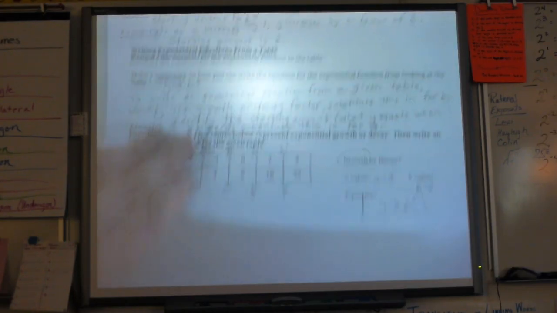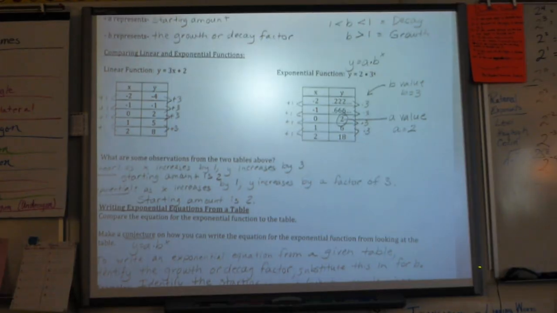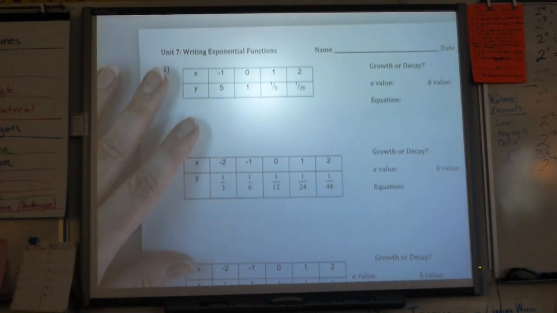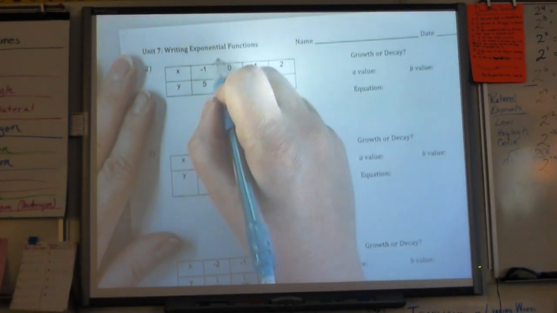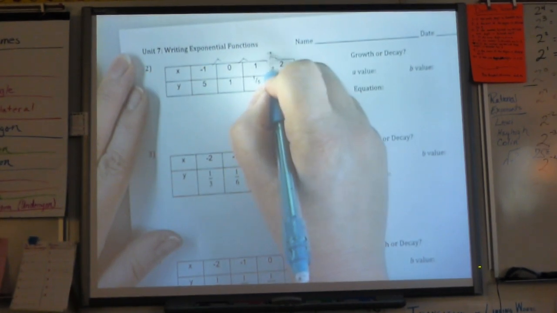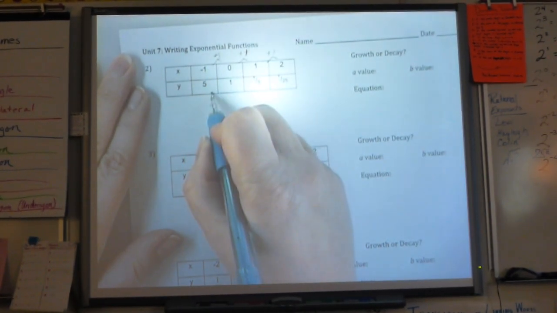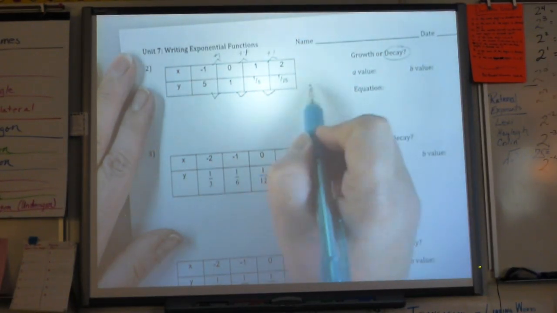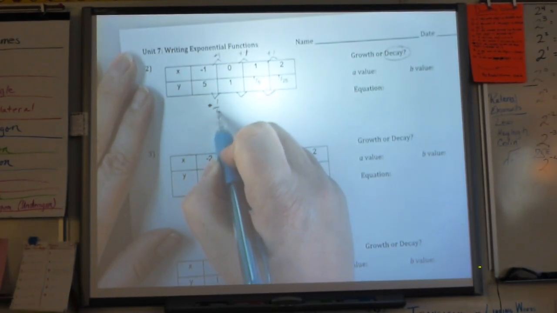Okay, let's look at the back. Number 2. As x increases by 1, what's happening to y? First of all, it's decaying. We see it's decreasing. It's being divided by 5 or multiplied by 1/5.